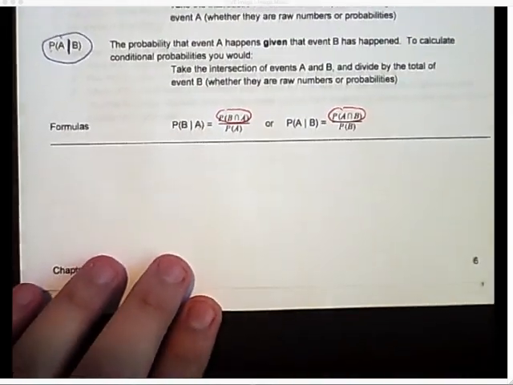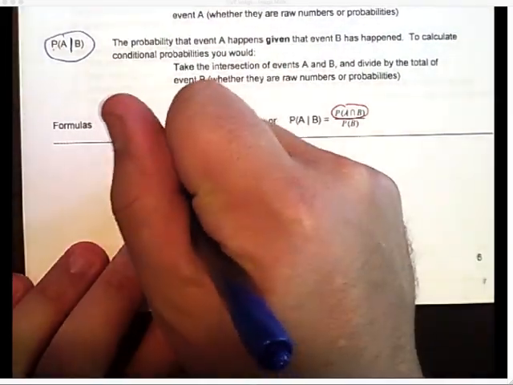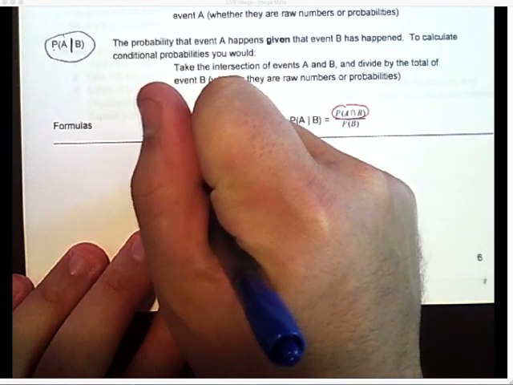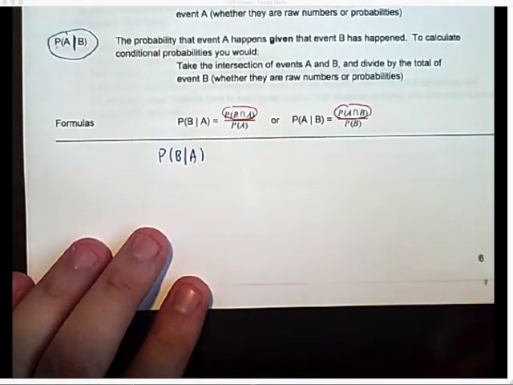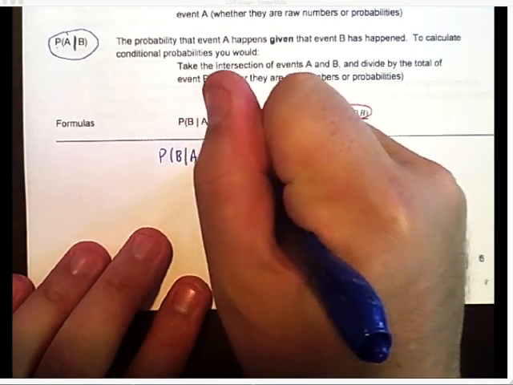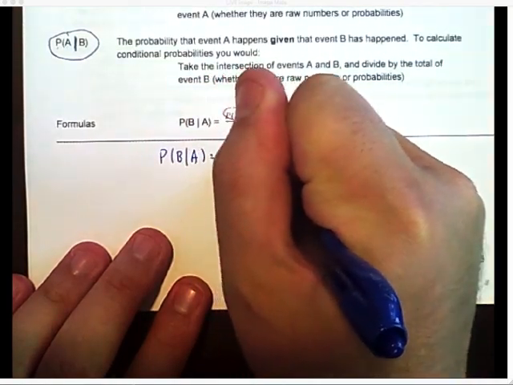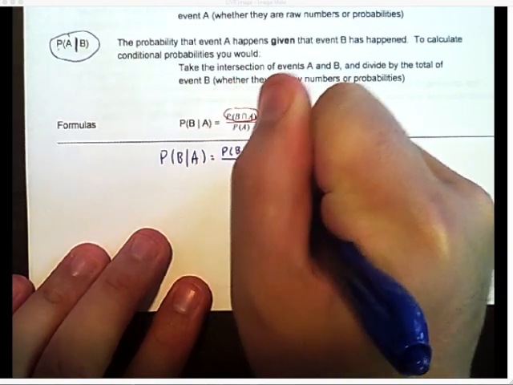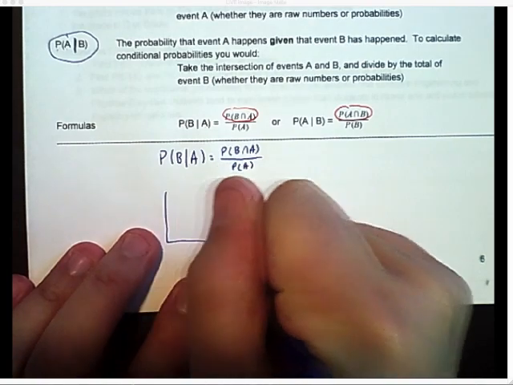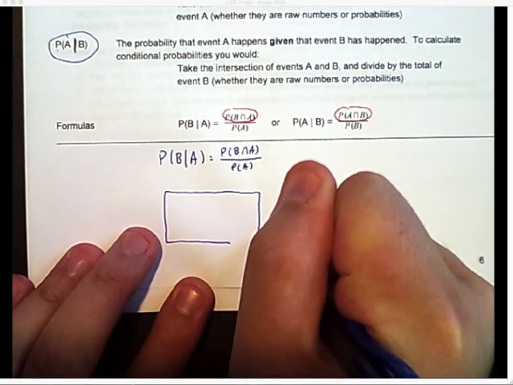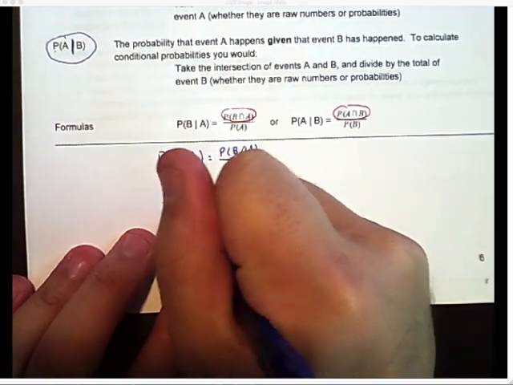So let me show you what it's like here in a Venn diagram, how we would find it. Find the probability of B given A. We take the probability of B and A over the probability of A. So in a Venn diagram, let me draw my two circles.